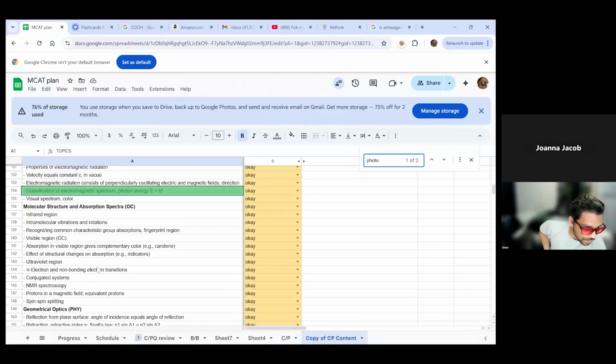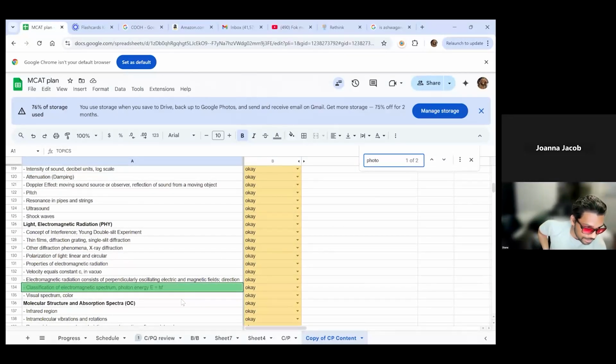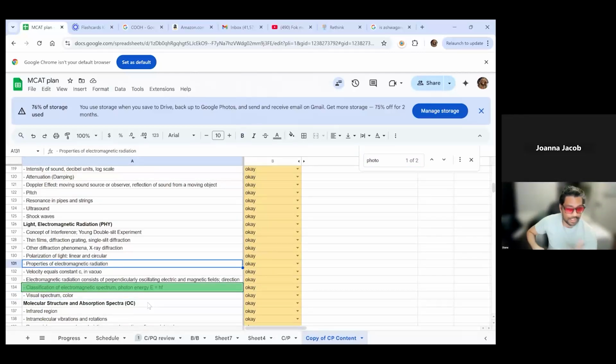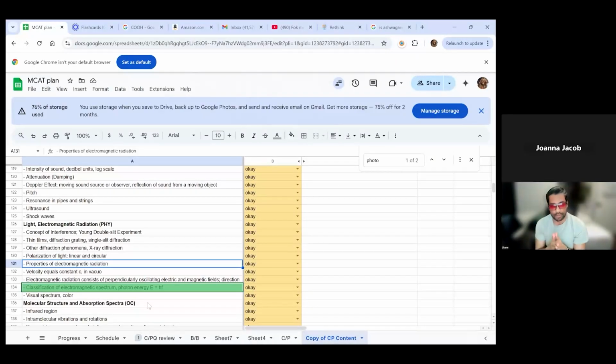For the most part, the stuff about light and how it's electromagnetic radiation, how photons get absorbed and cause emission and things like that, you can use this to see what is officially from the MCAT, what do I need to know about this? And UWorld is really good because for that question, they probably have a really great explanation, a solution that explains the concepts.